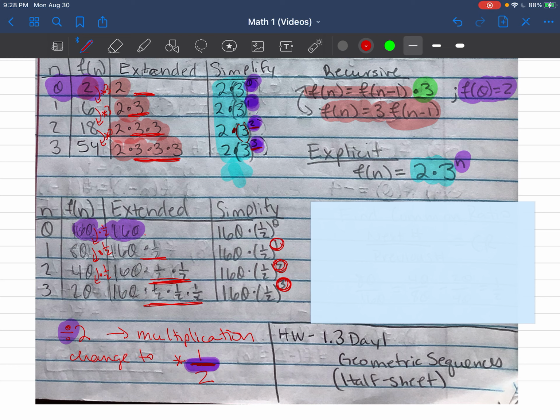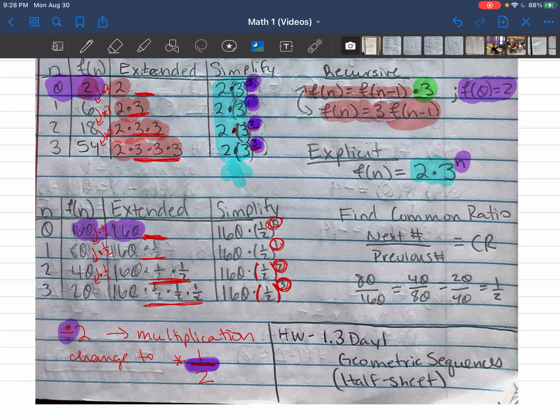I multiplied by 1/2 not at all in the top row, so I have a 0 exponent. And you got to be careful, because with fractions, we really want to make sure we put that parentheses around here, because if you don't, then it won't calculate correctly in your calculator if you use it.